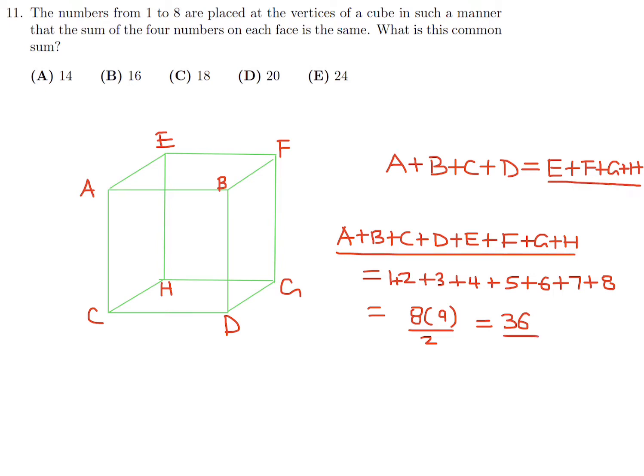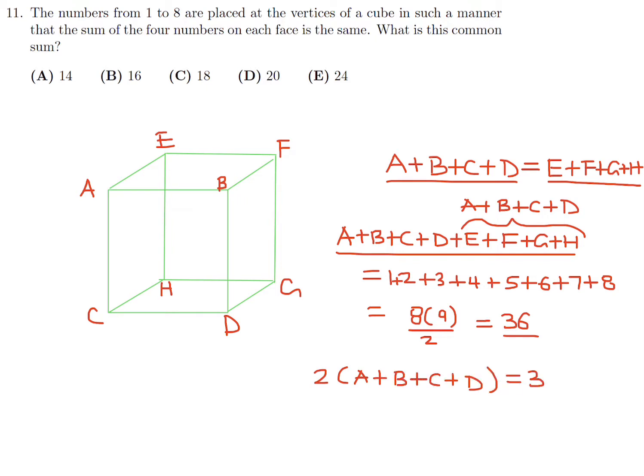Well, we know that this face is equal to this face, so these four are really equal to A plus B plus C plus D. So essentially what you have is 2 times (A plus B plus C plus D) is equal to 36, and therefore A plus B plus C plus D is equal to 18. So the sum is 18, and that's the common sum for any face. So number 11, the answer is 18, which is choice C.